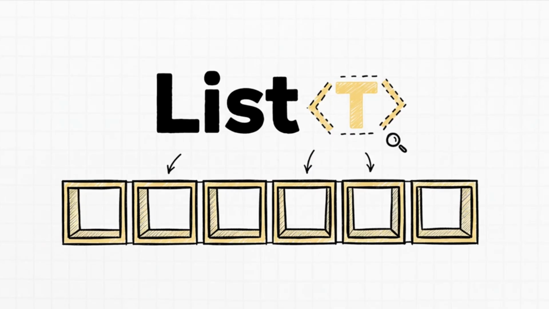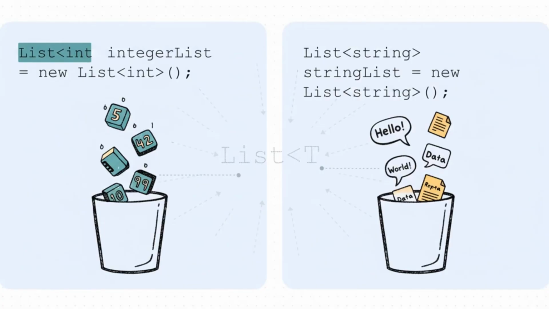One of the most common places you're going to see and use generics is with collections. And the absolute classic example of this is the generic List<T>. Now just look at this. On the left, we're creating a list specifically for integers. We do that by writing List<int>. And on the right, we do the exact same thing, but for strings, with List<string>.